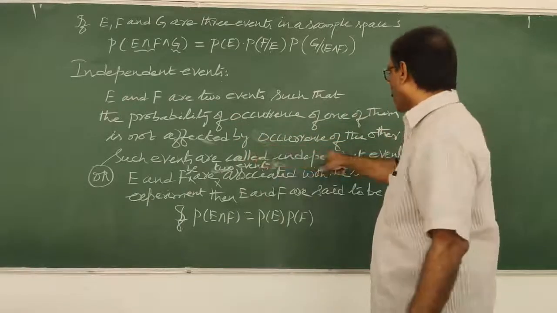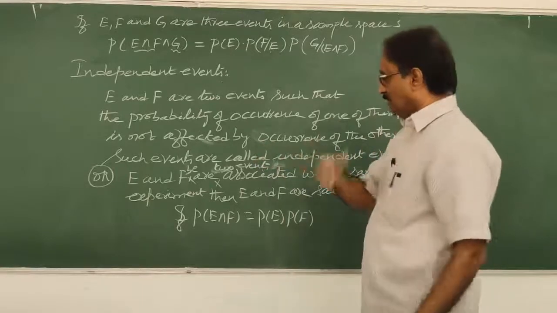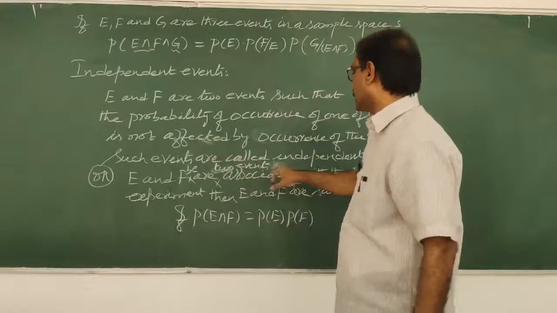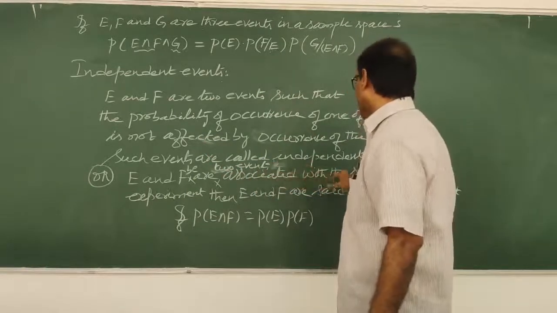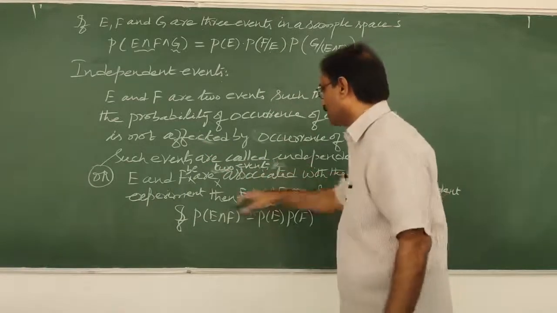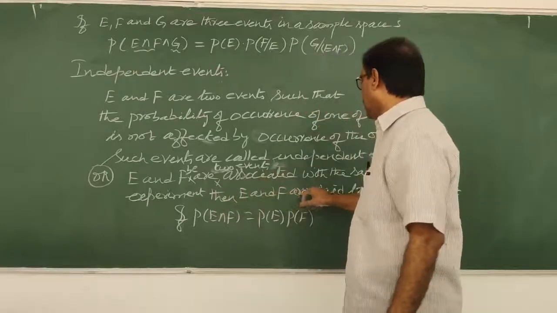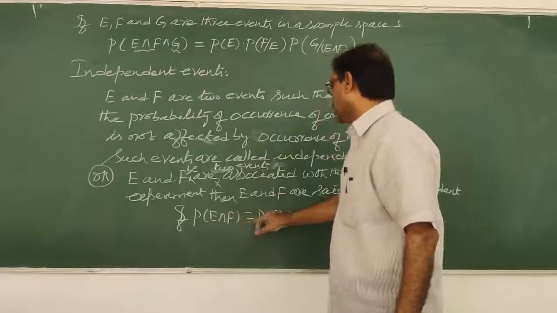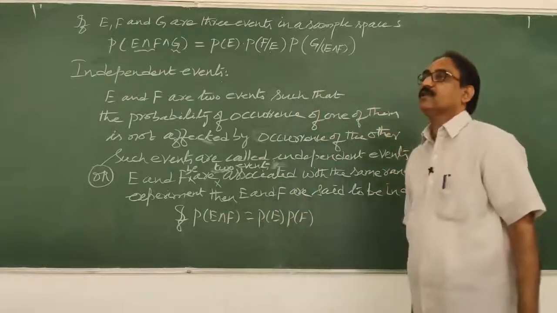Such events are called independent events. If E and F are two events associated with the same random experiment, then E and F are said to be independent if probability of E intersection F is equal to probability of E into probability of F.